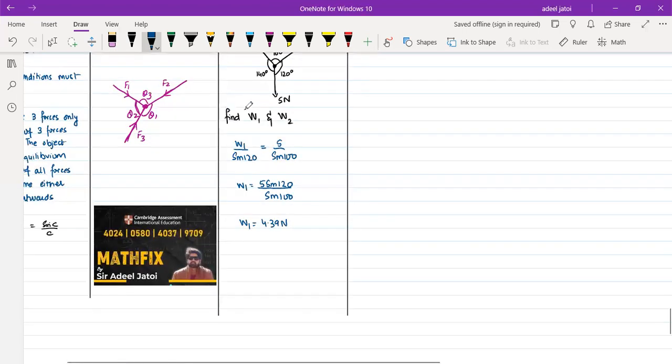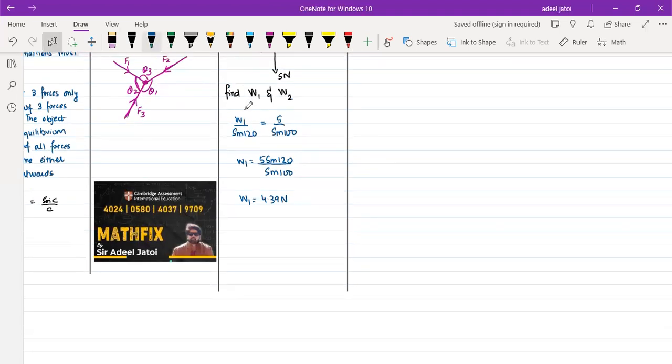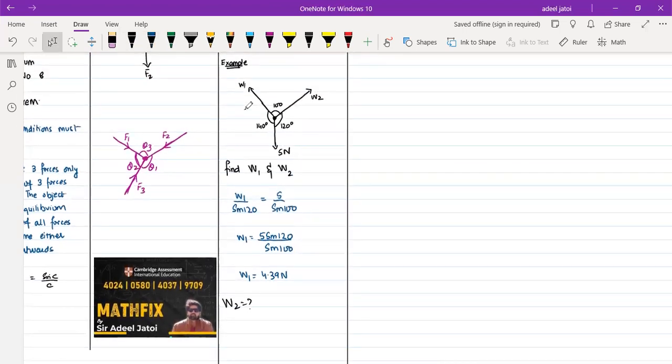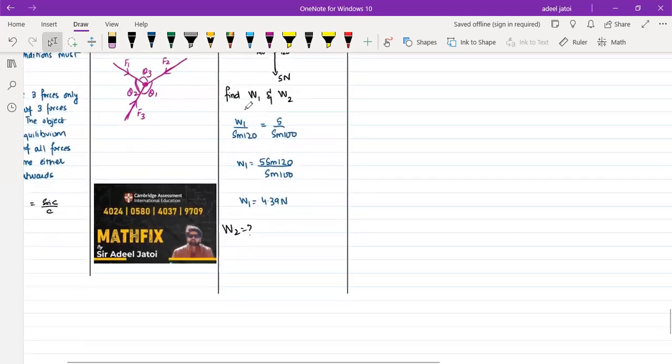The same case can be applied for W2 as well. For W2, we can apply W2 upon sine 140 is equal to 5 upon sine 100, because this is already given.